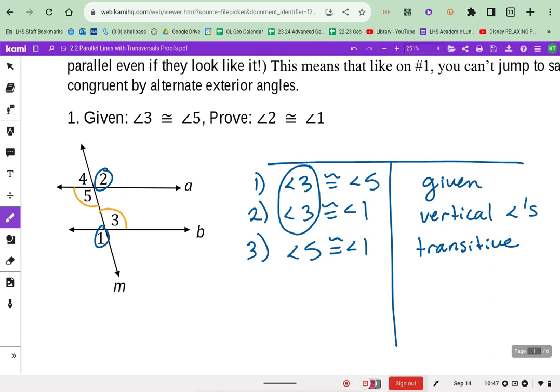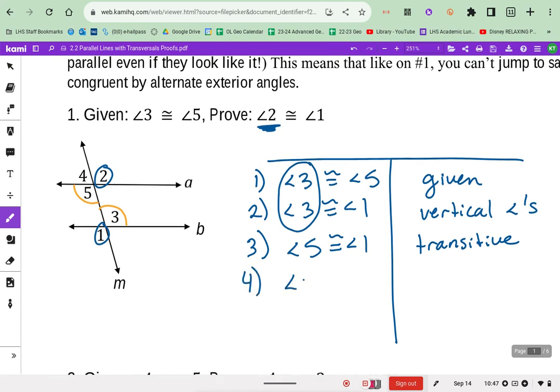All right, I'm also looking at my proof and thinking, we haven't mentioned angle 2 yet. Does angle 2 have a special relationship with anything? 2 and 5 are vertical. Sure, yeah, 2 and 5. Okay, so angle 2 is congruent to angle 5 by vertical angles.